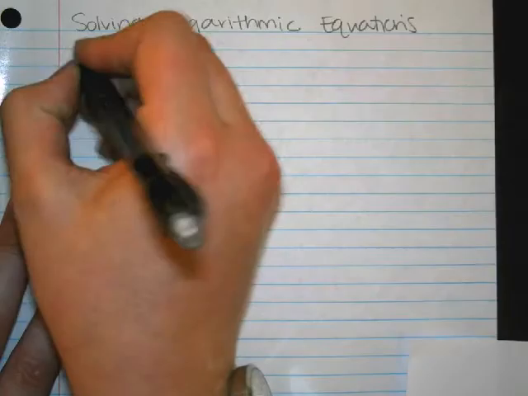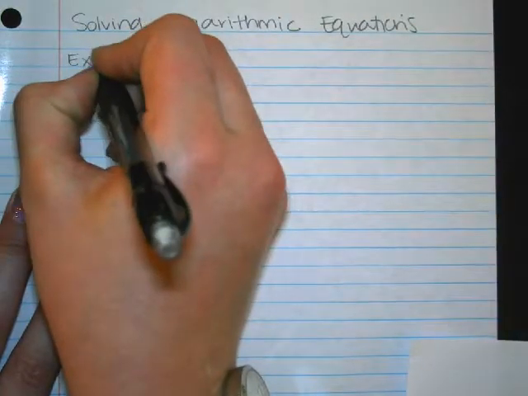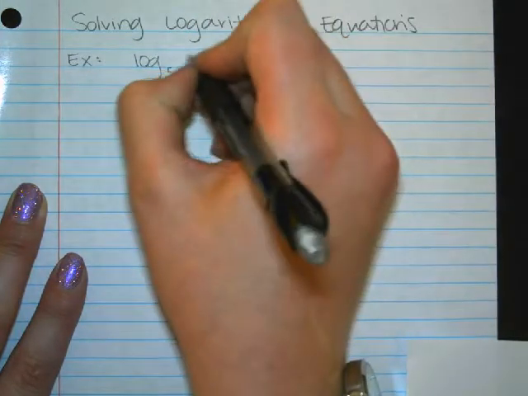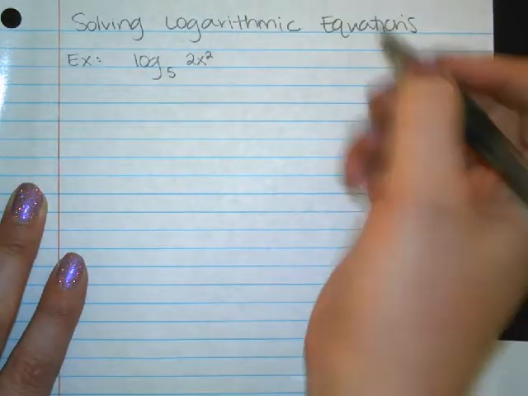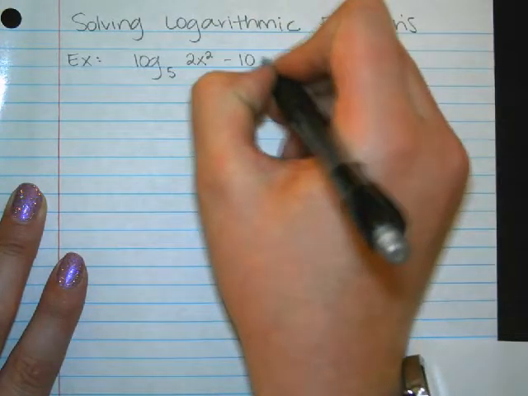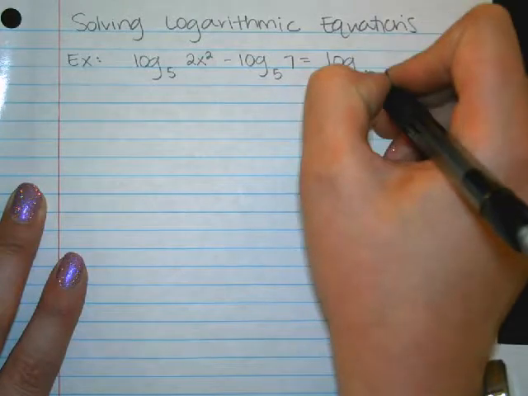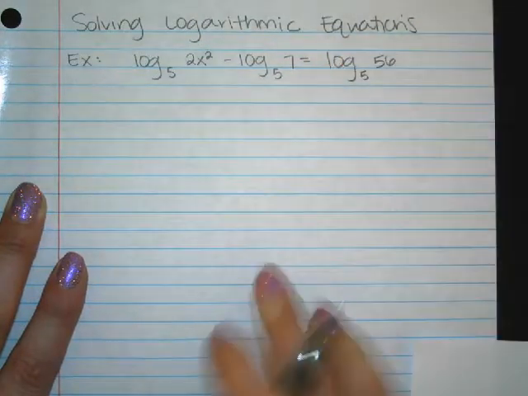We'll go ahead and do our first example, which says log base 5 of 2x squared minus log base 5 of 7 equals log base 5 of 56.